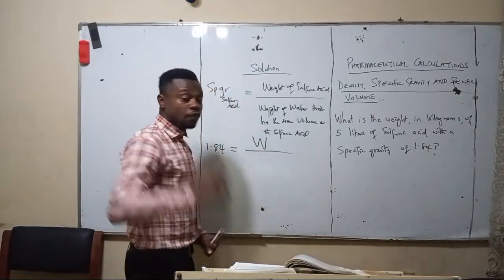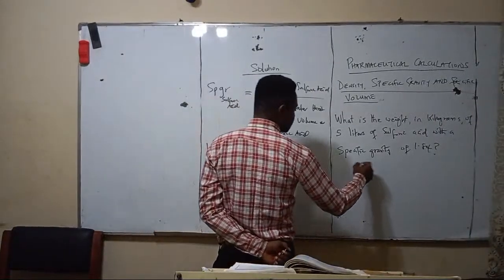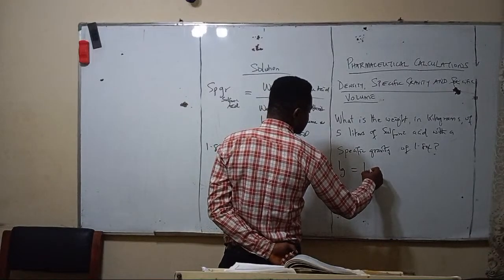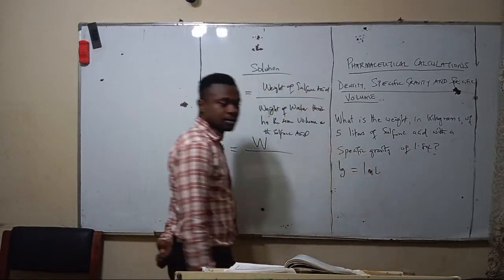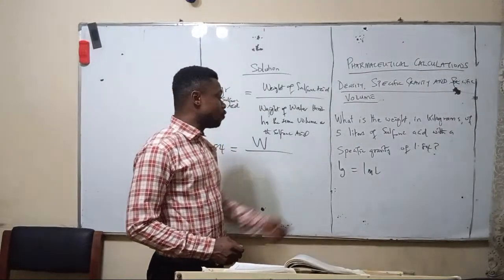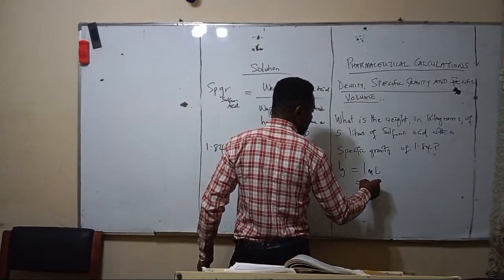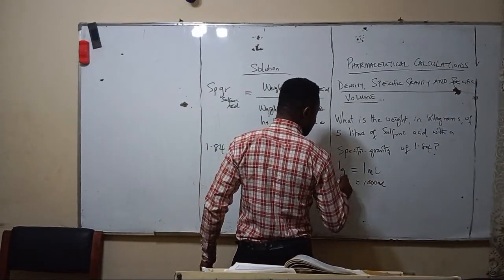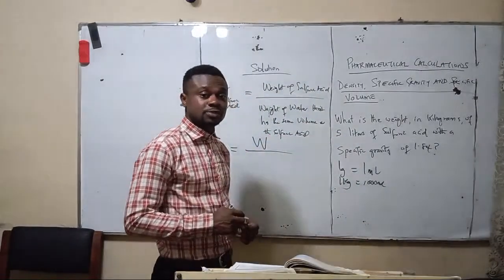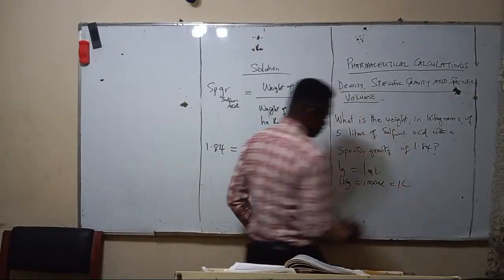Now, for water, 1 gram can be taken as 1 ml. So if 1 gram can be taken as 1 ml, that means 1,000 ml can be taken as 1 kilogram, which is 1 liter.